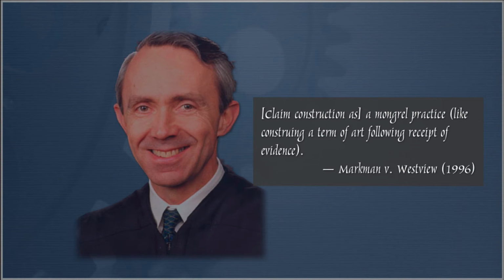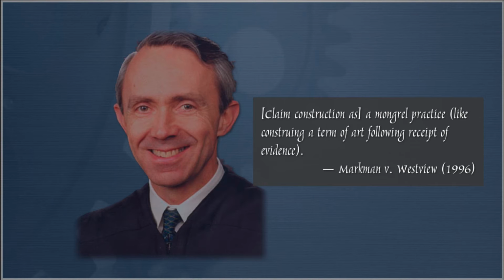So the opinion was written by Justice Souter, and like many Justice Souter opinions, it's pretty difficult to understand exactly what he was saying at various points. But one thing that he does start out by saying is he describes claim construction as a mongrel practice, like construing a term of art following the receipt of evidence, right? So what does this indicate?